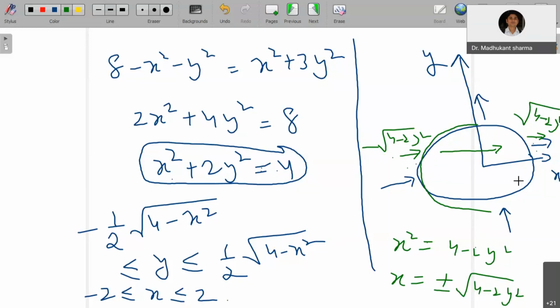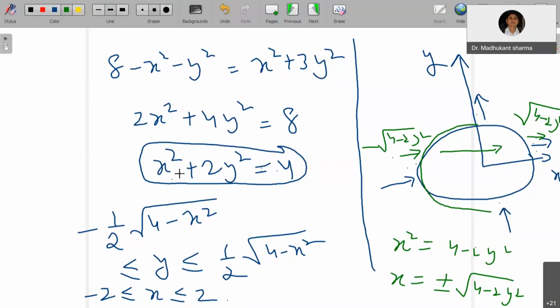For finding the y limit, you draw the vertical line parallel to y axis. Now it enters here and exits here. So you fix x equals 0 and then find y. Y equals plus or minus 2. Y square equals 4 by 2, right? Wait a minute.